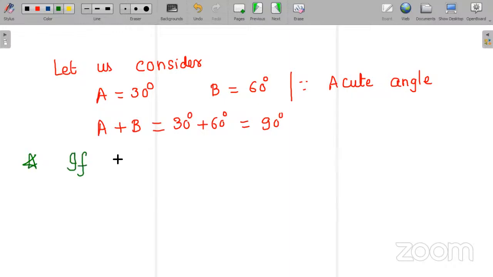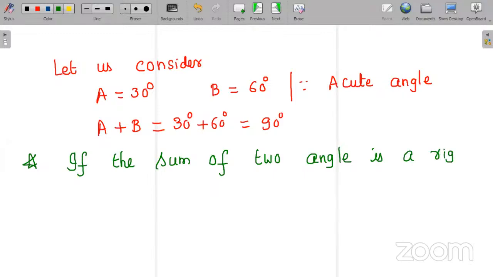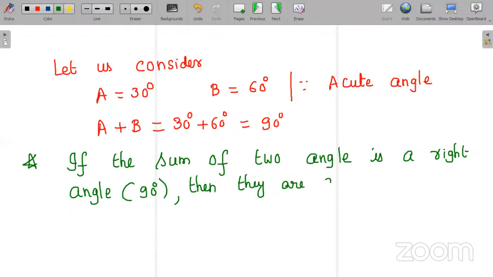So one important point we can write. If the sum of two angles is a right angle, meaning 90 degrees, then they are called complementary angles of each other.